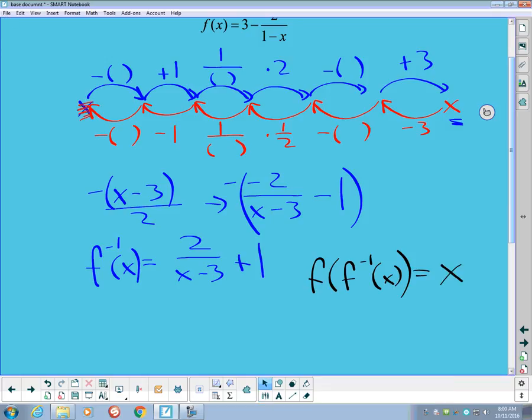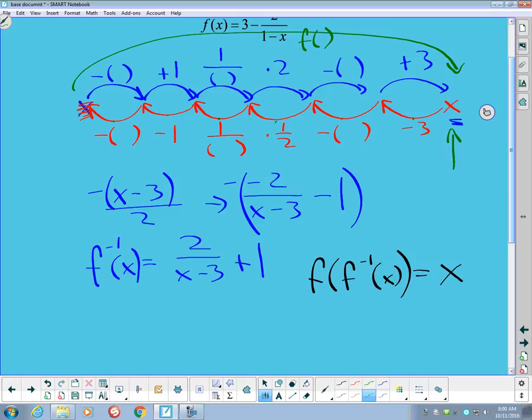If we want to do the f inverse first, it means we're going to start over on this side and follow the arrows along one at a time in what it says to do to build the f inverse. And then we follow the arrows back again, in this direction all the way to here, that is our function f. And one at a time, it undoes all of those things we did and takes us back to the x.